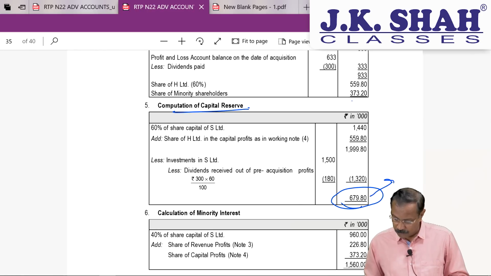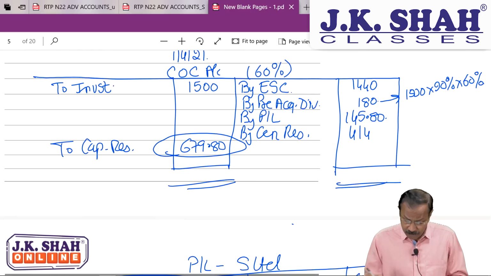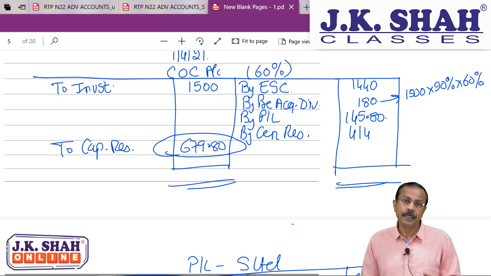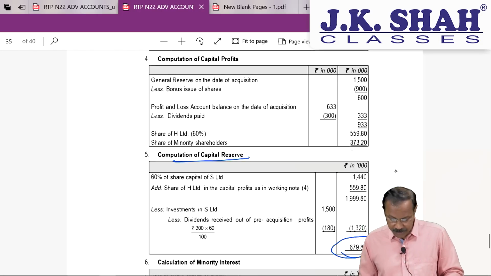Capital reserve 679.8. They have done it in a tabular form, statement wise. We are doing it in account form. Answer will remain the same. It's just a matter of presentation, remember. So now based on that, this we have agreed.